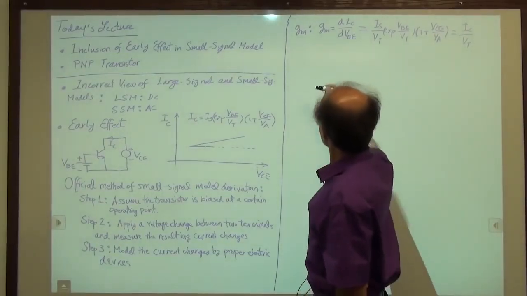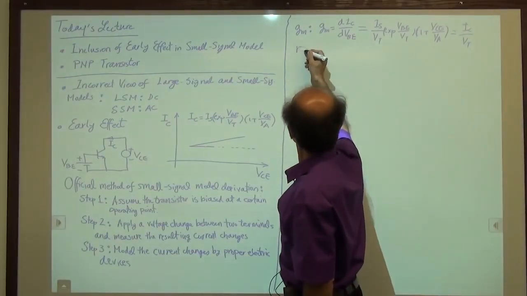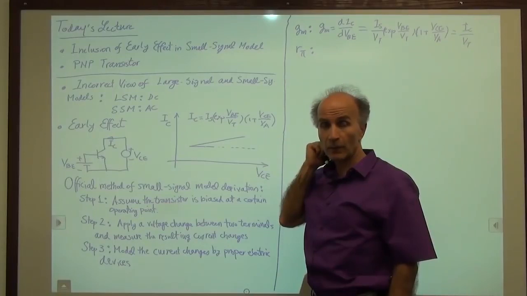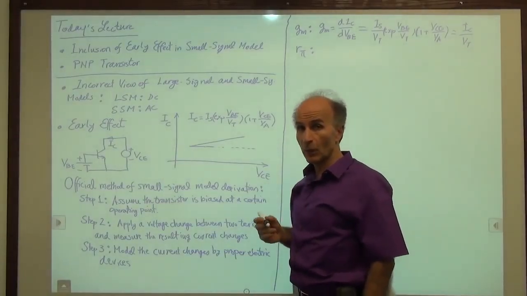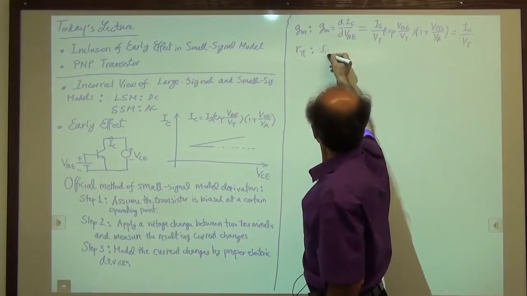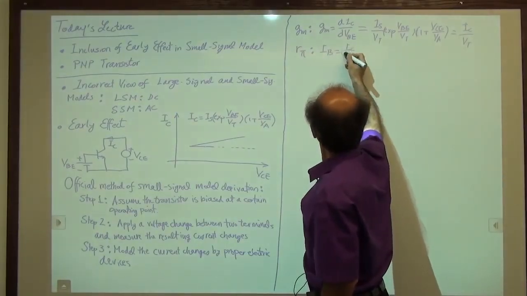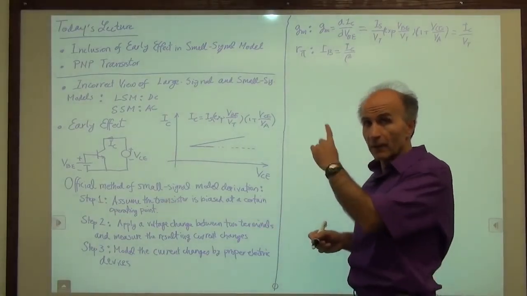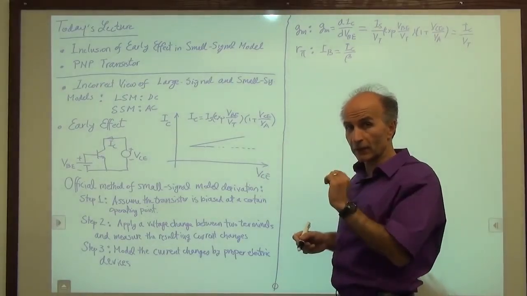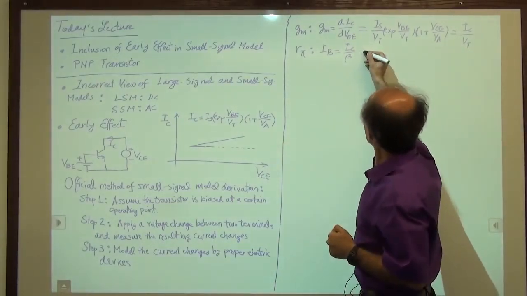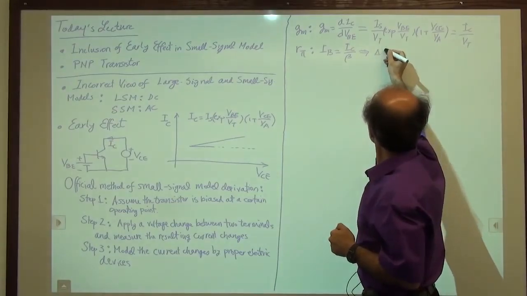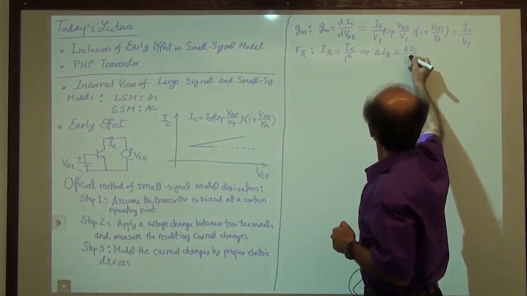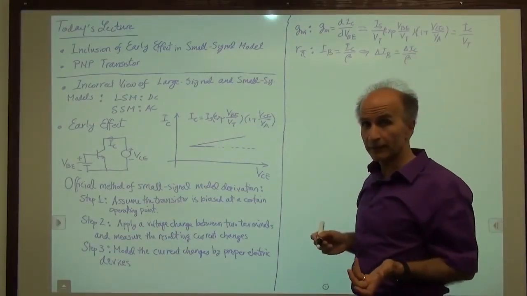Okay, so that was easy. How about rπ? Does rπ change? Well, we remember that what is true is IB is always IC over beta, regardless of what's happening. In other words, the early effect does not alter this relationship between the base current and the collector current. So that means that if there is a change in the collector current, it just gets divided by beta and appears as the base current.